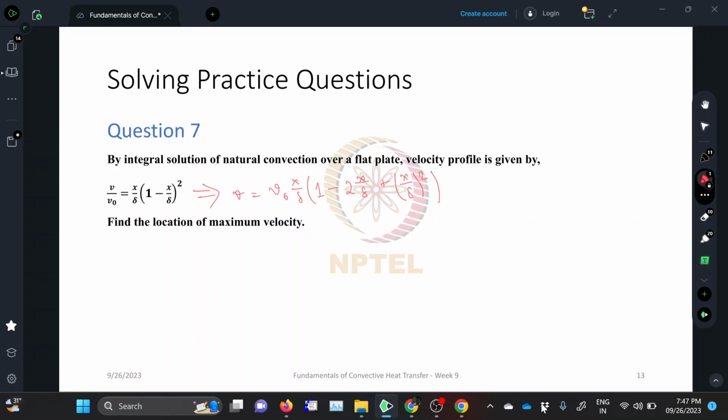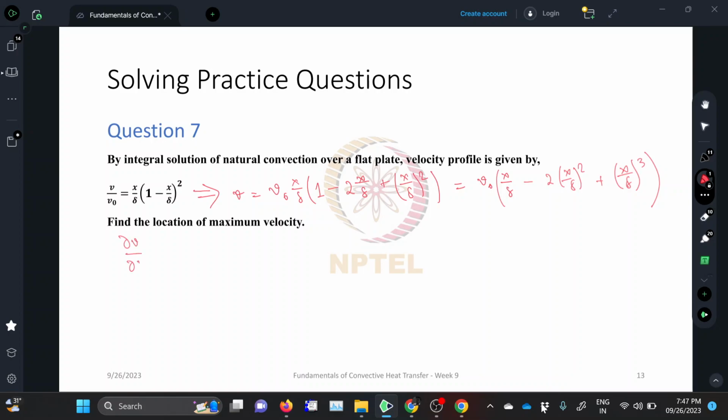And if I multiply this x by delta with each term, I'll get v naught into x by delta minus 2 x by delta squared plus x by delta cubed, right?